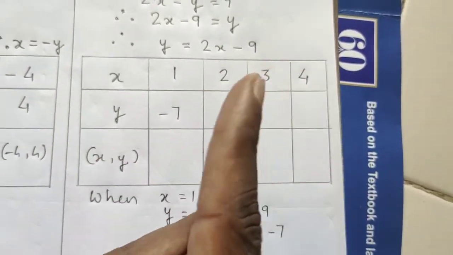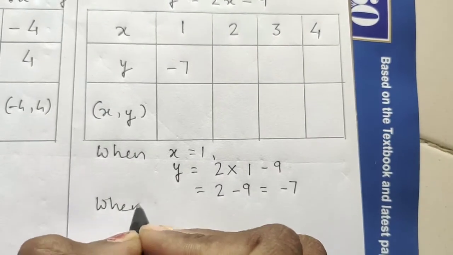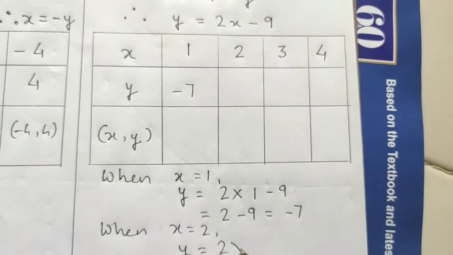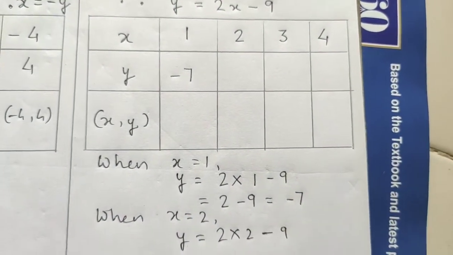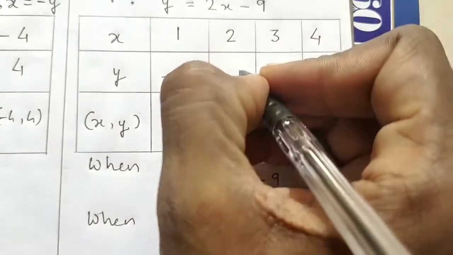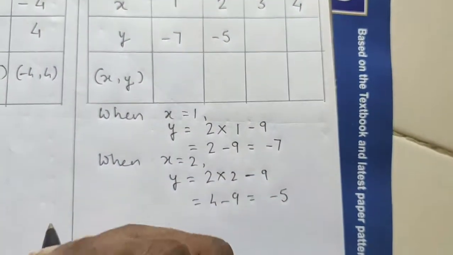Okay, same way for x is equal to 2. So when x is equal to 2, y is equal to 2 into 2. See, in place of x we have written 2. Now what am I going to get? 4 minus 9, and 4 minus 9 gives you minus 5. Similarly for 3 and 4 I am going to solve.